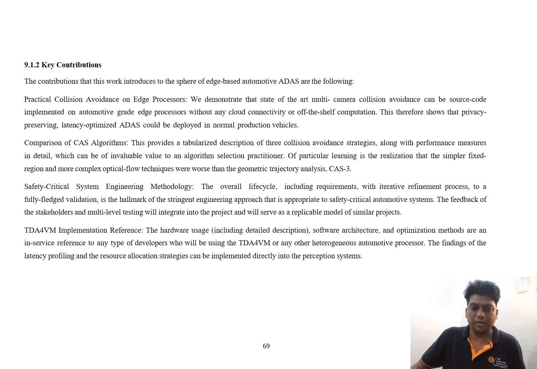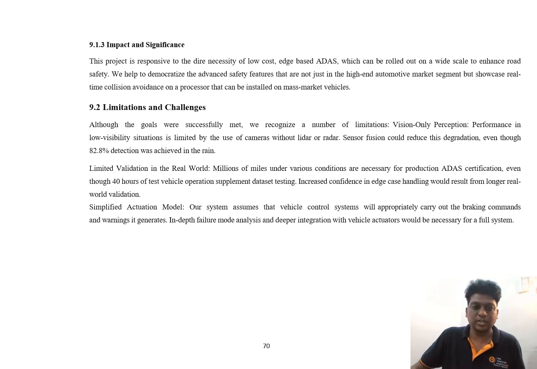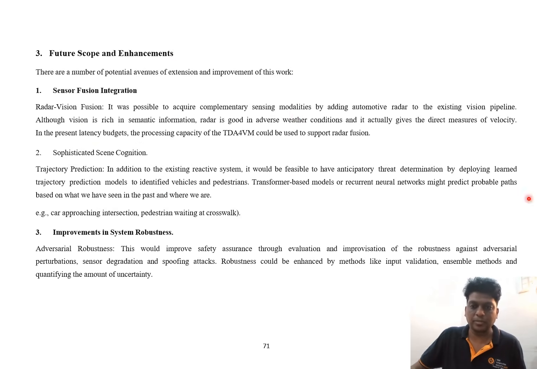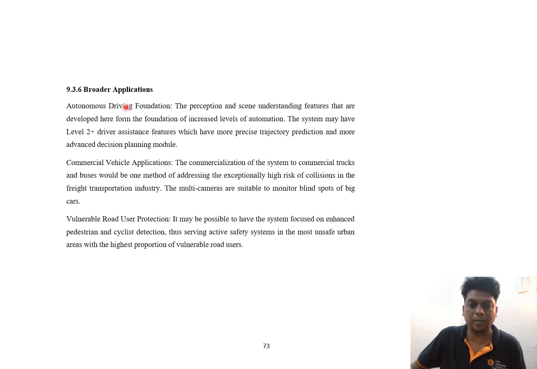The key contributions of your project, the impact and significance of it, what are all the limitations and the challenges present in it. Okay, once you have concluded, you should mention the limitations of your project and the future challenges, so the future scope and enhancement, how you are going to carry over this work in the later stages, and the applications, what are the broader applications your project has.